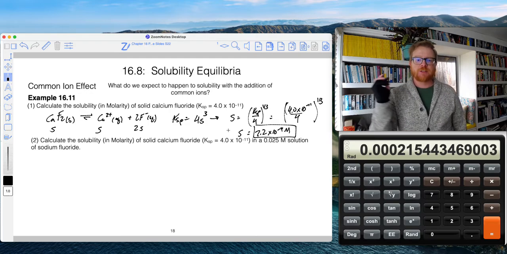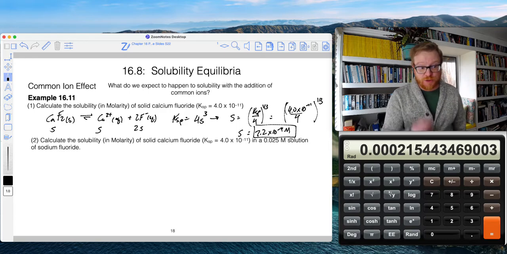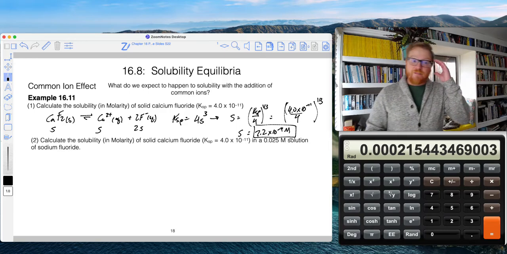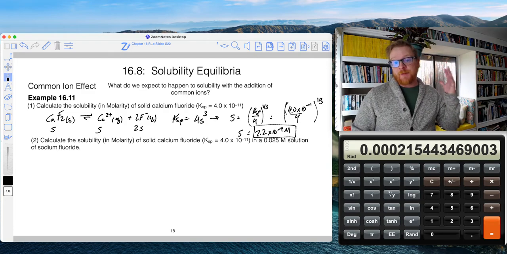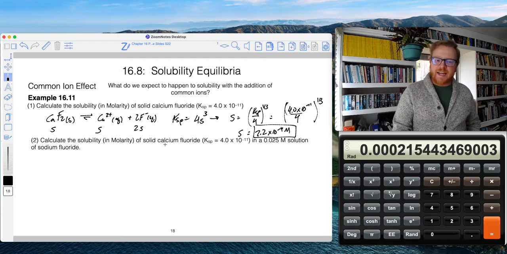Okay. So now here's a slightly different problem. Calculate the solubility of solid calcium fluoride in a 0.025 molar solution of sodium fluoride. So we have a common ion effect going on here. And the first thing we should work out is what's going to happen to my solubility if I already have fluorine present.